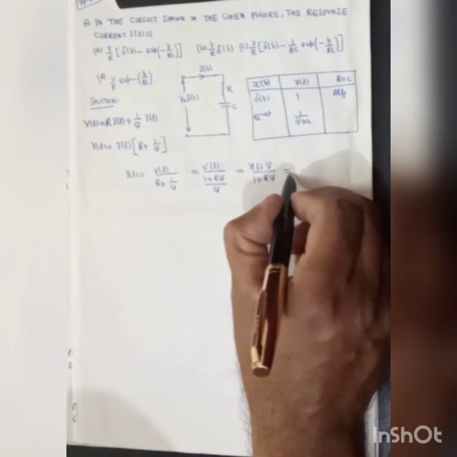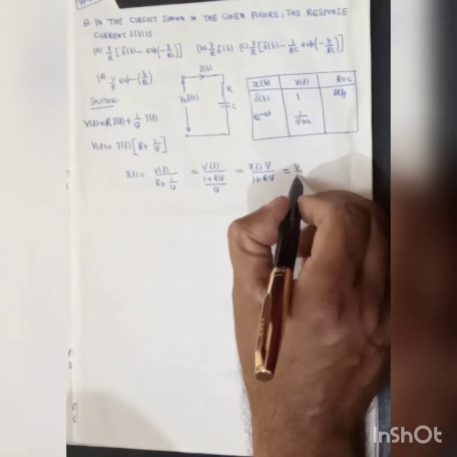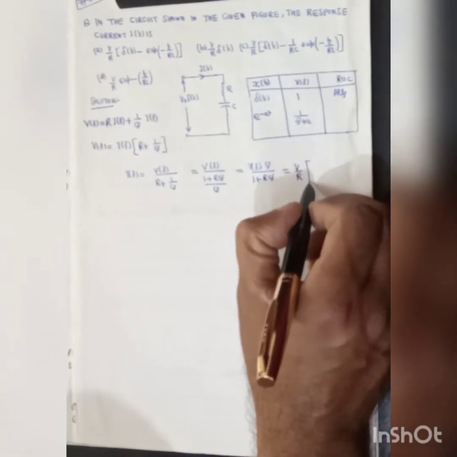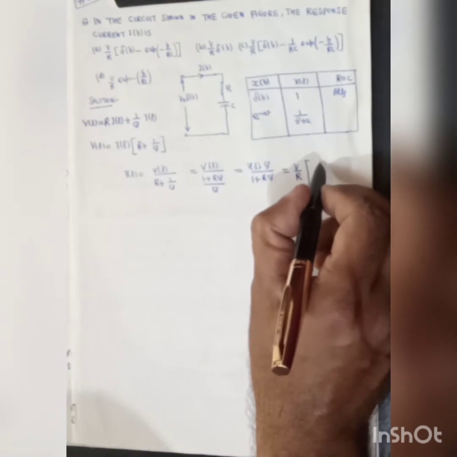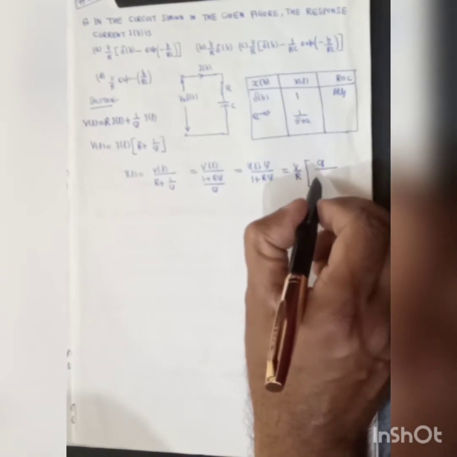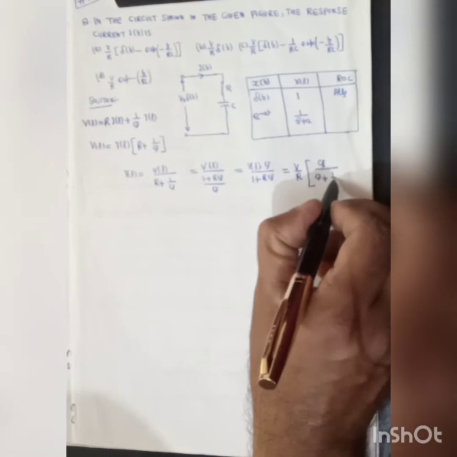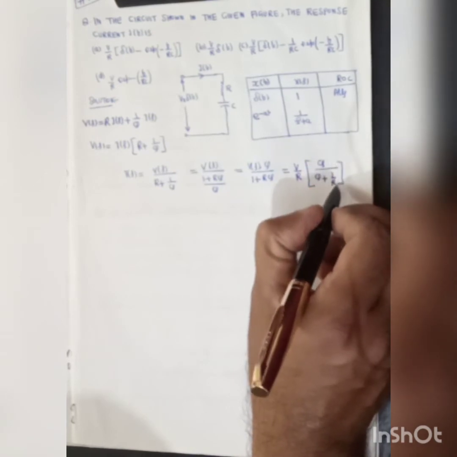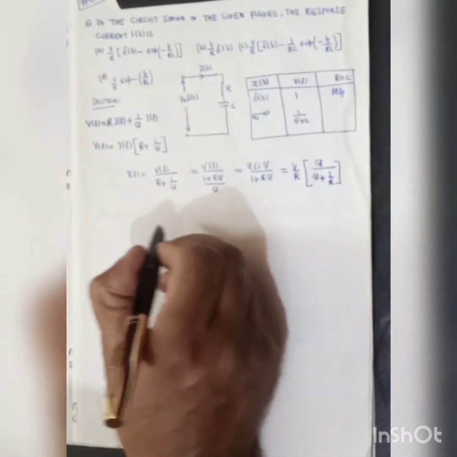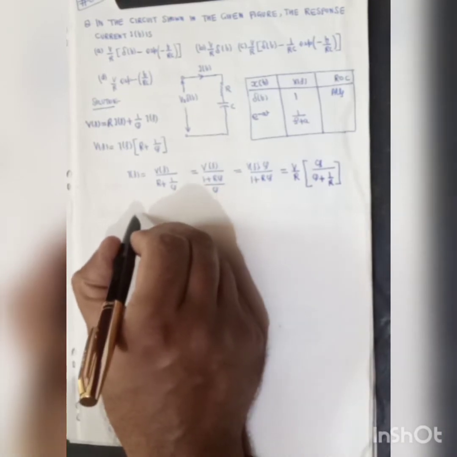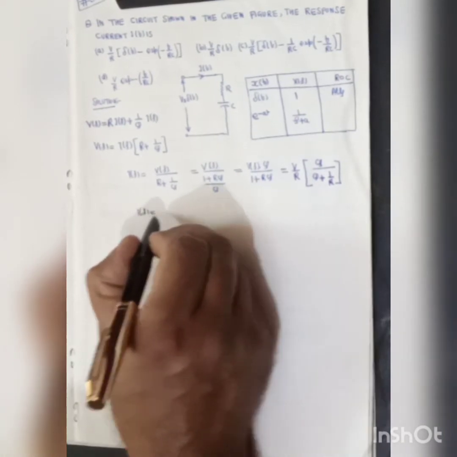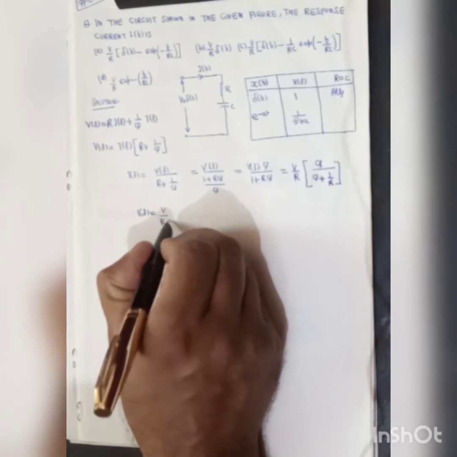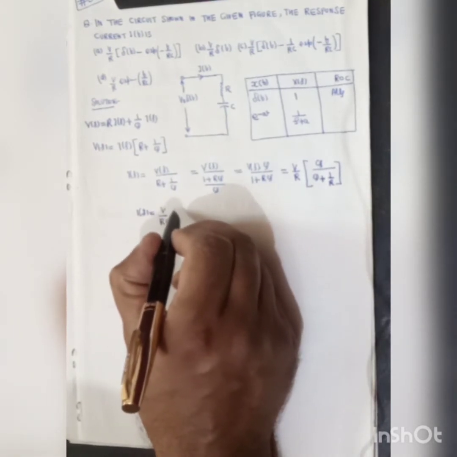So it can be written as V divided by R, with Cs in the numerator divided by Cs plus 1 upon R in the denominator. So I(s) can be written as V divided by RC, where C we have taken common in the denominator.